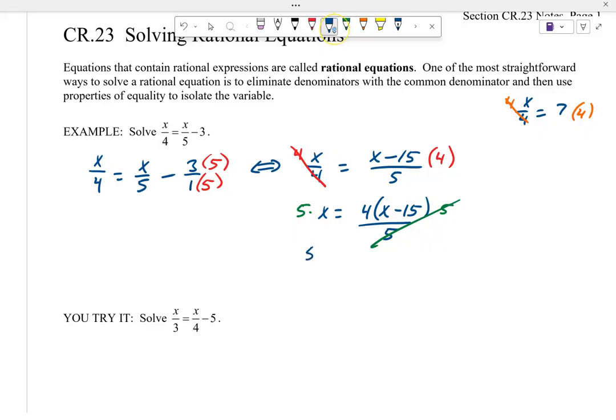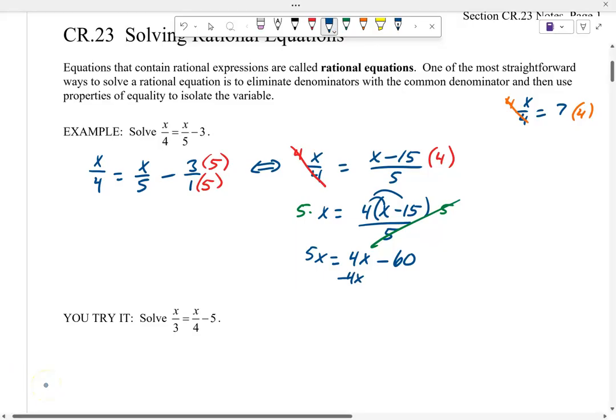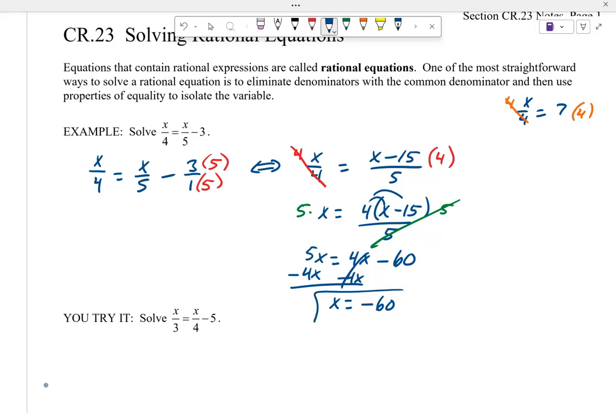Now I'm not dealing with any fractions. I'm going to distribute that, so I got 4x minus, what was that, 60? And then we solve for x. So we get x equaling negative 60.